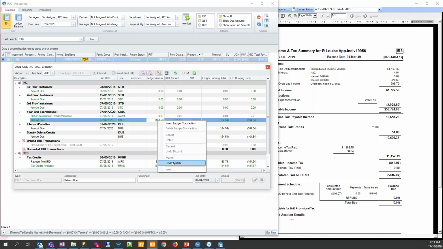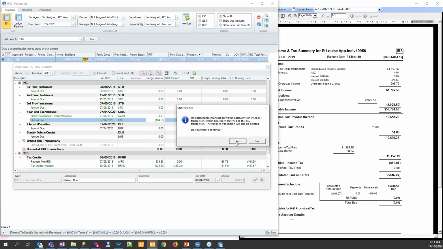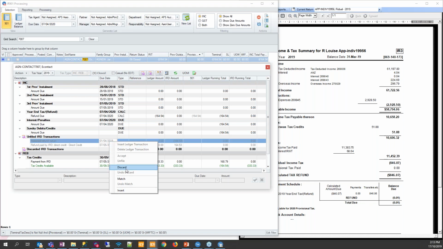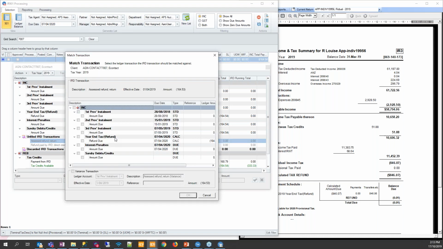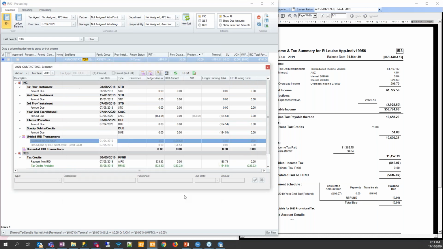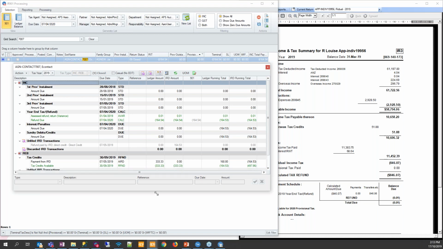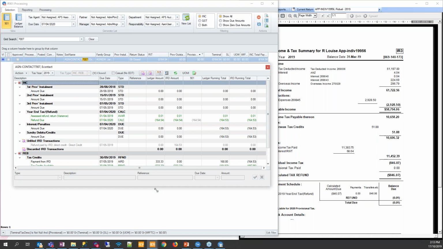Again, by undoing the match and reapplying the refund, matching it through, we do have the 1 cent variance, which is still generated, but it now leaves this value correctly in here. Now this example also highlighted one of the original faults in the release, that was not taking into account the tax credit value correctly.